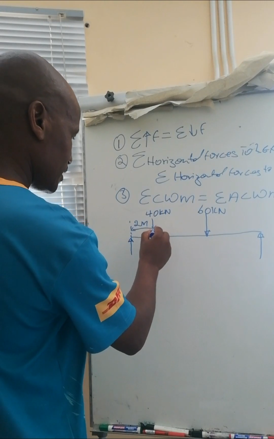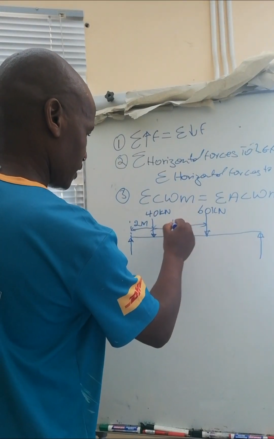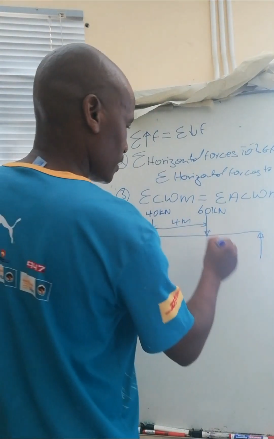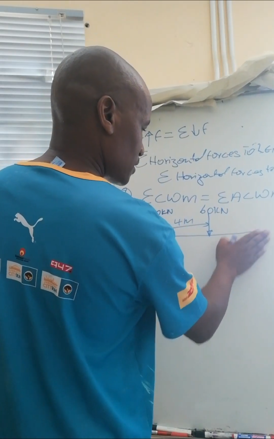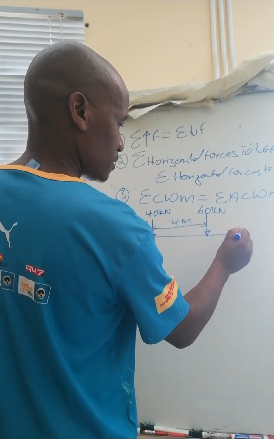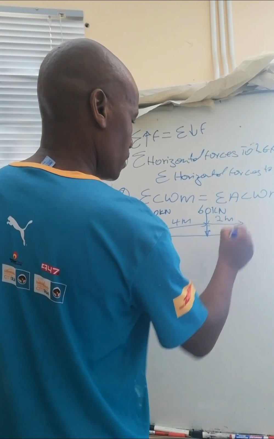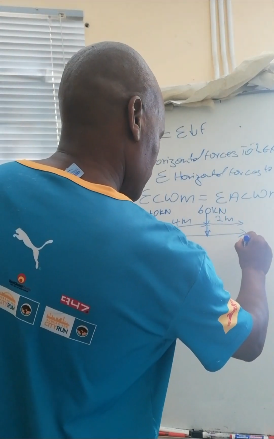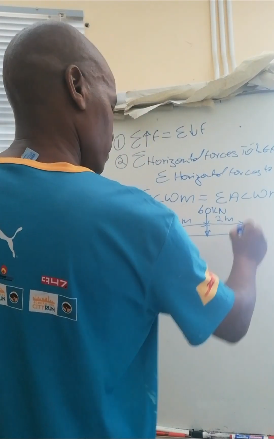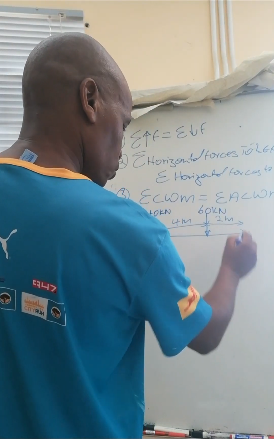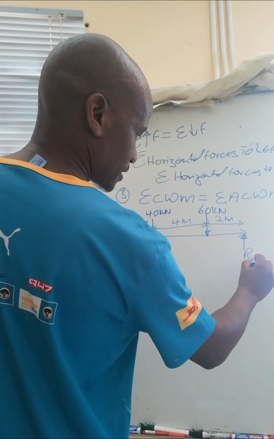The distance from here to there is 4 meters, and then the distance from here to there is 2 meters, and then here it is 2 meters.